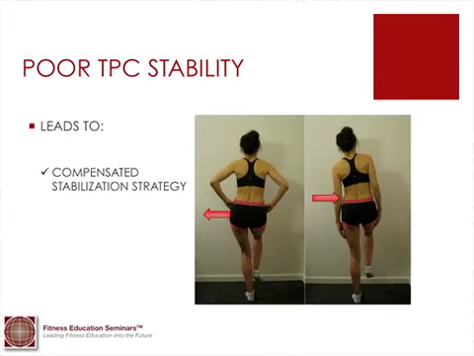When our clients don't have a good ability to stabilize and they have poor thoracolumbopelvic canister stability, it leads them to have compensated stabilization strategies. So you see in the client to the left, you see the common Trendelenburg's gait, where she stands on one leg and her hip kicks out to the side. These clients tend to have more hip pain and hip dysfunction.